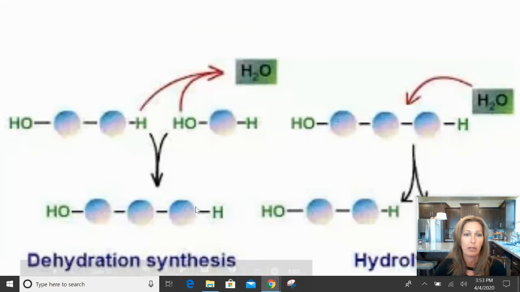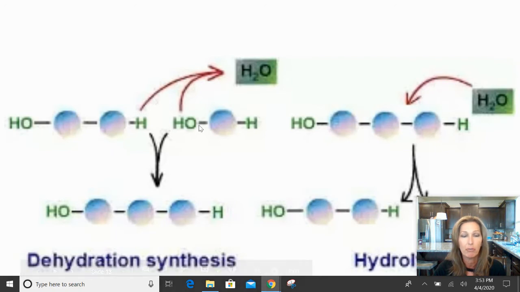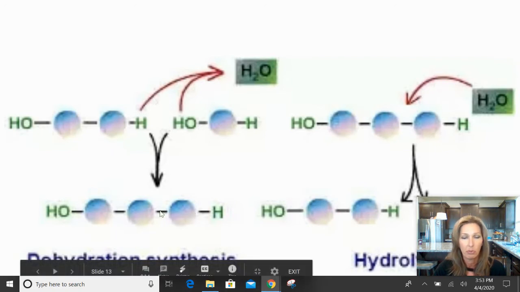Dehydration synthesis is the joining of monomers in order to form one large polymer by removing water. Remember that this is an anabolic activity. Being an anabolic activity, energy is also required when we are putting large molecules together.